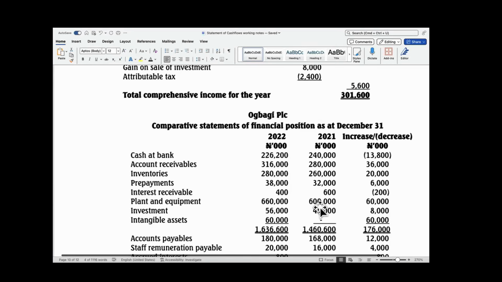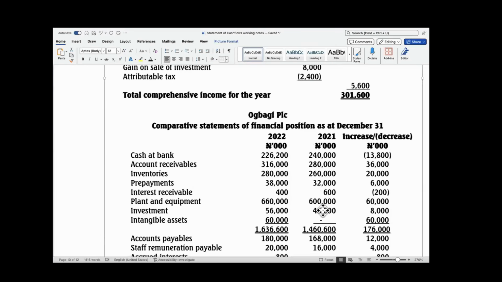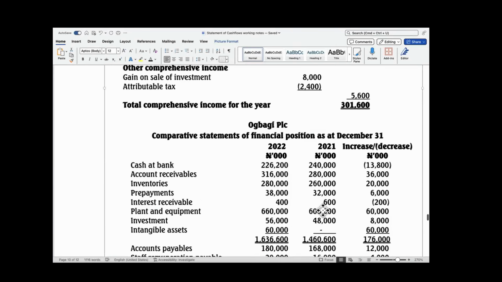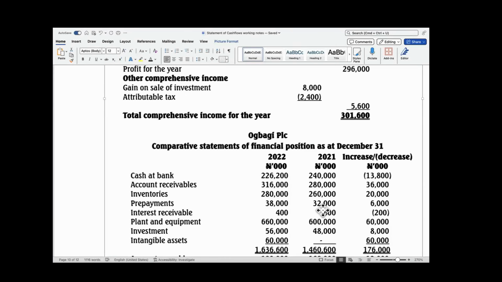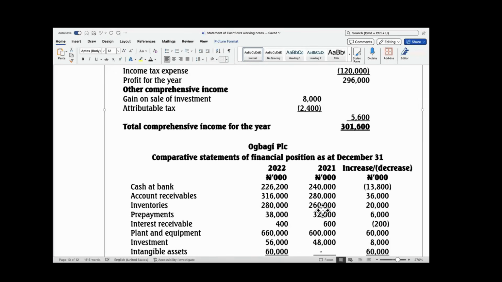So that means this increase in investments is not as a result of acquisition, not as a result of cash investment, but because of fair value gain. So I know that for sure. If I'm a student, I'd be confused about why they are putting gain on sale in OCI.